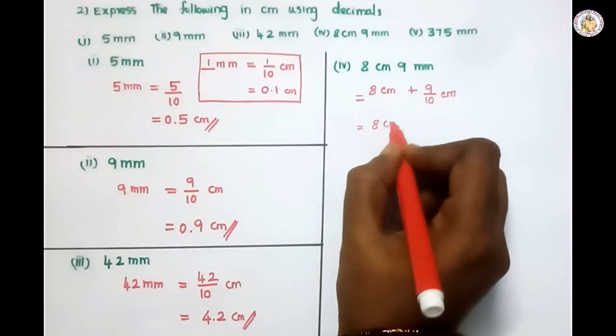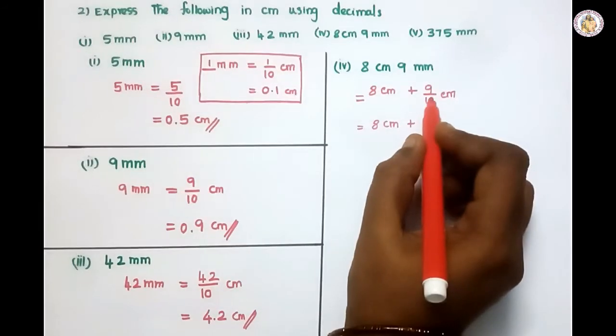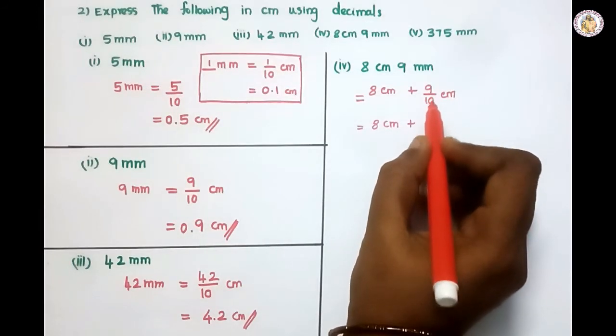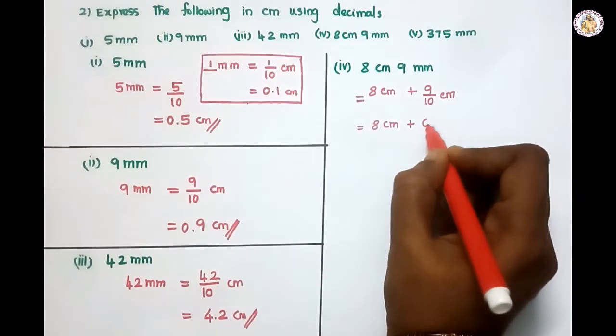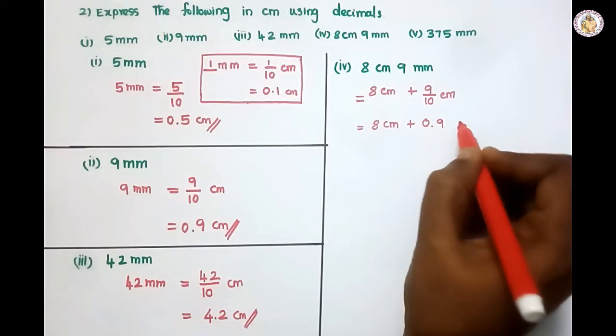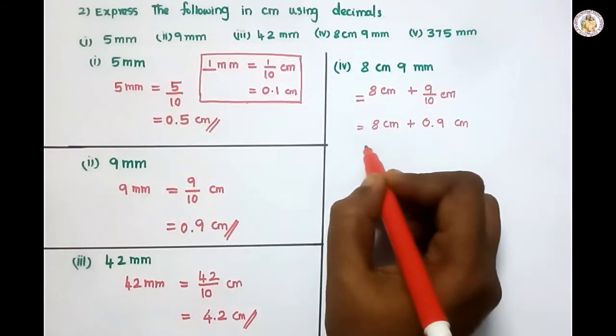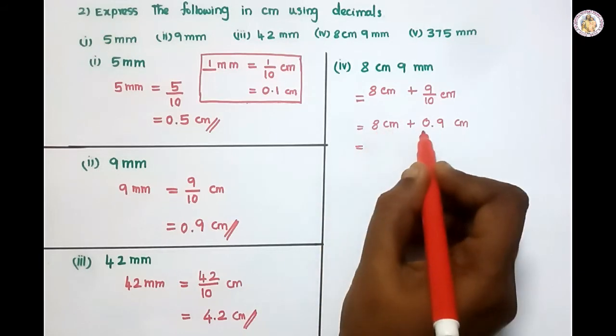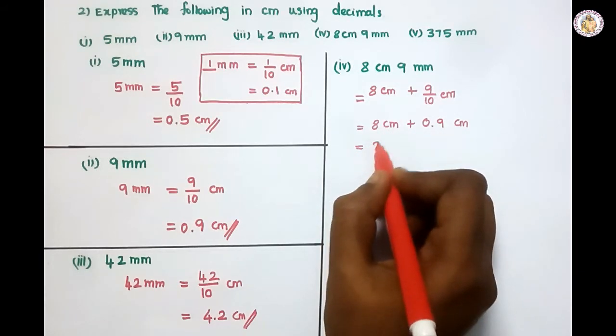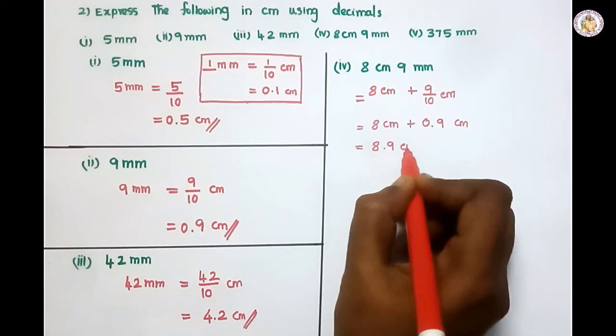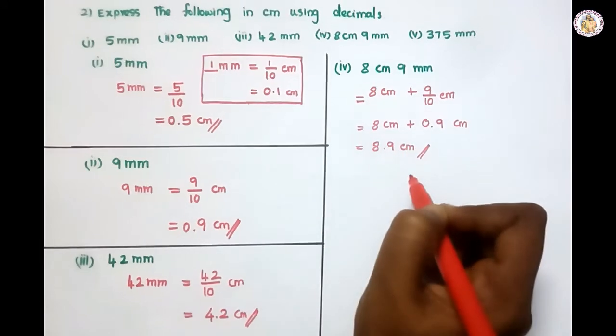Now 8 centimeter plus, how will you write 9 by 10? That is 0.9 centimeter. Now add this: 8 plus 0.9 is 8.9 centimeter. That is the answer.